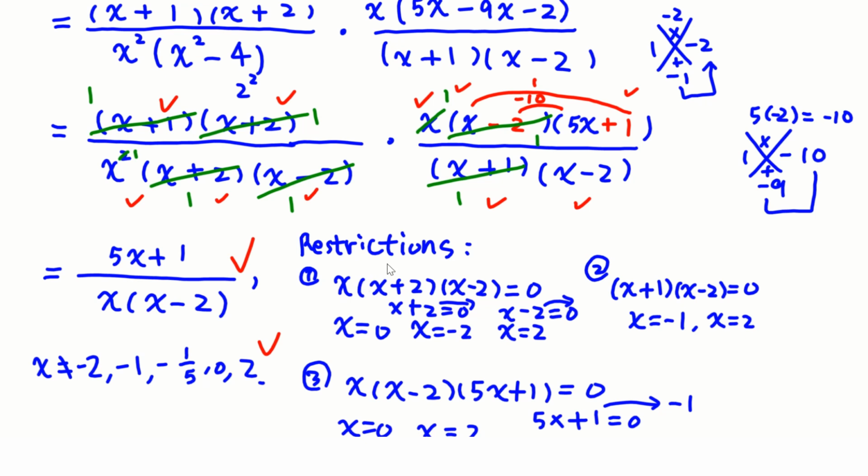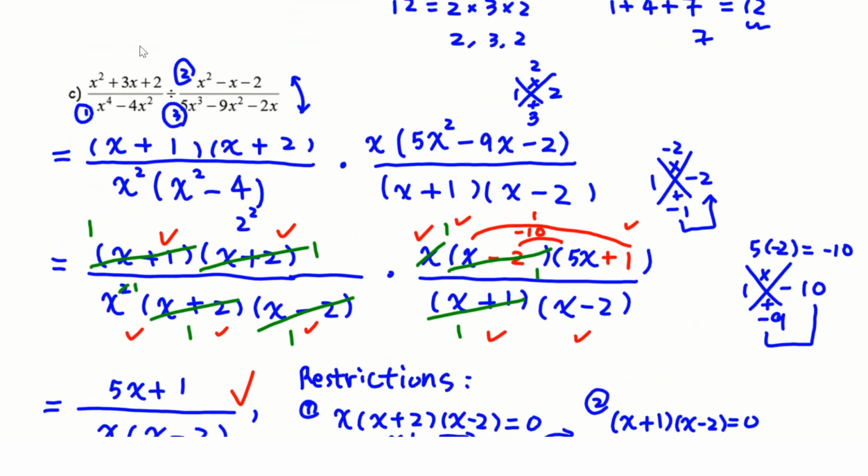So what we have covered in this lesson is: simplifying rational expressions is only one polynomial divided by a polynomial, by cancelling the common factor out. Then after that, if multiplying, numerator times numerator, denominator times denominator, then find the restrictions for the two denominators.